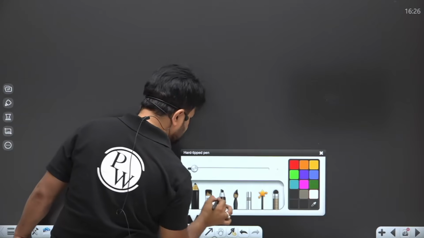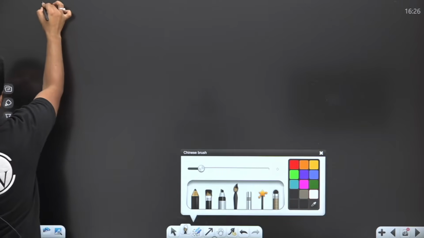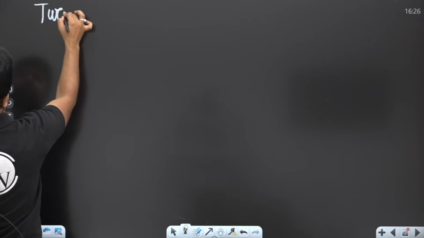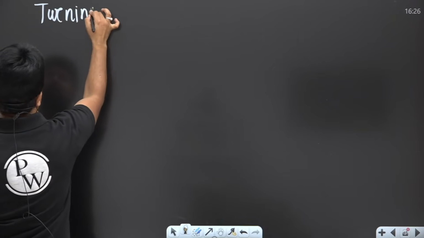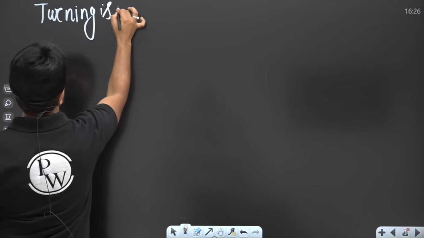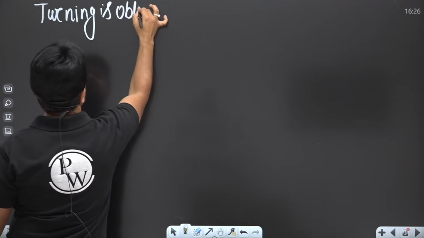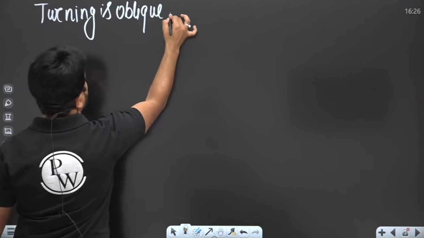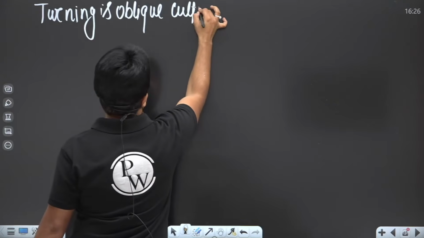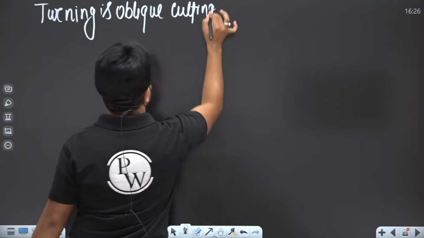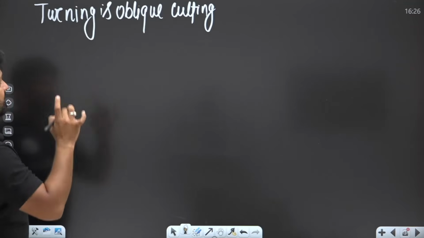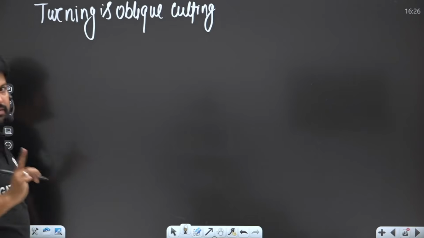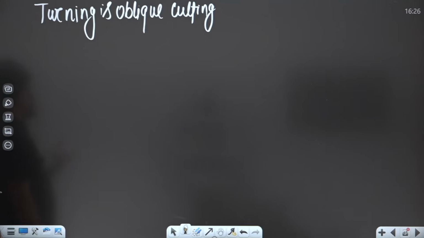Turning is oblique cutting, my dear student. Turning is not orthogonal cutting.